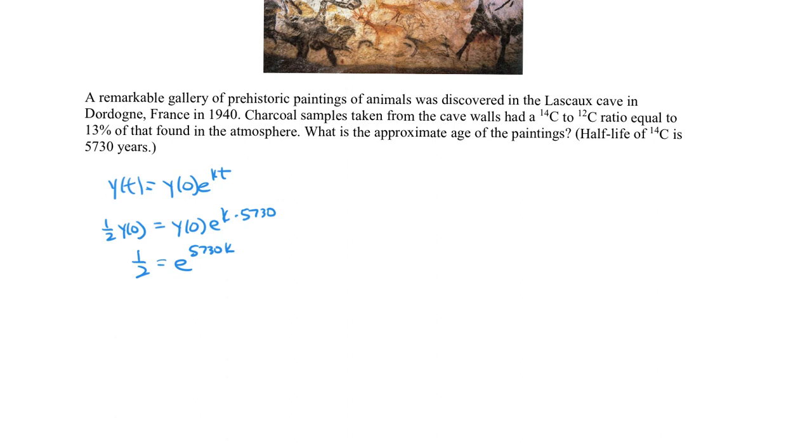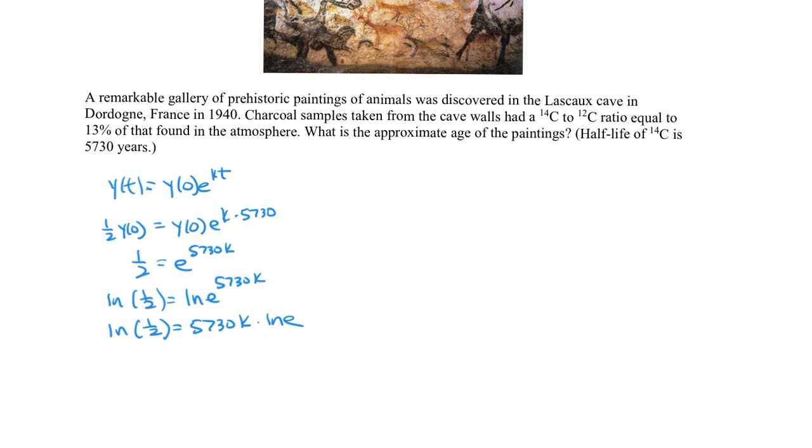Here's where, just like before, the natural log comes in. We have the natural log of 1/2 equals the natural log of e to the 5,730k. And of course, the exponent comes down. You see how this is all very familiar now because we do this on all of these problems. 5,730k times the natural log of e. But once again, what is the natural log of e?